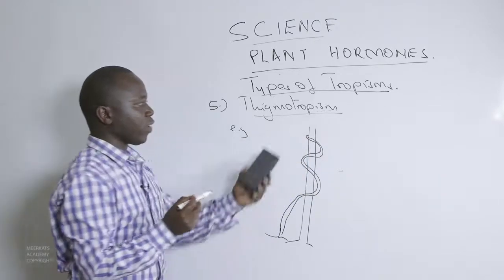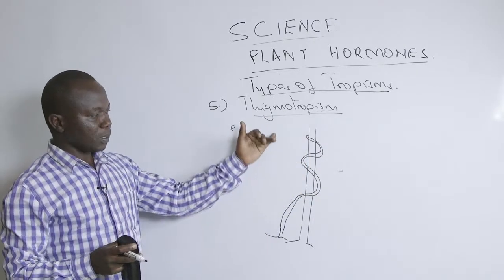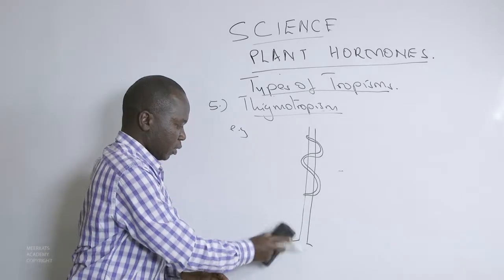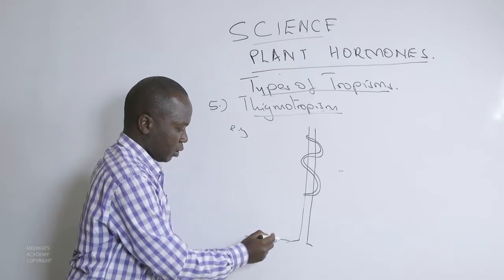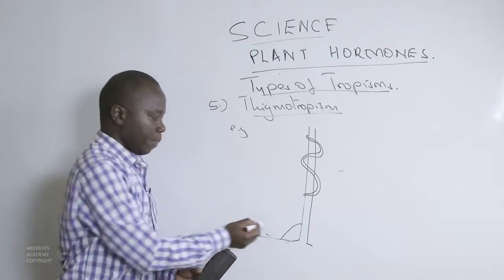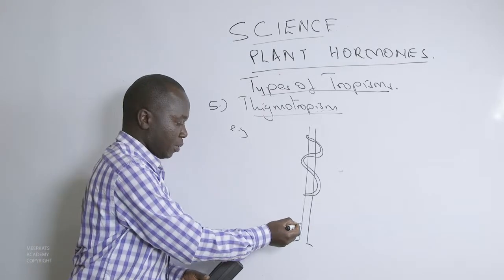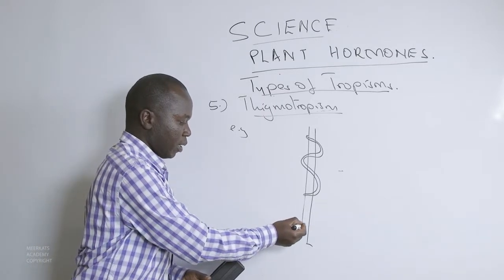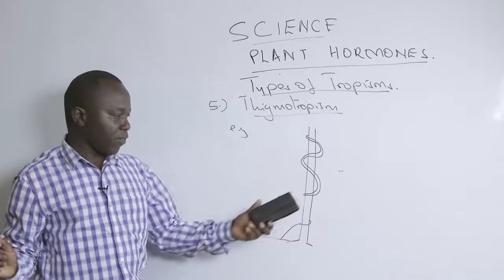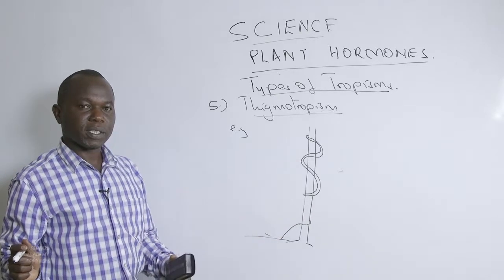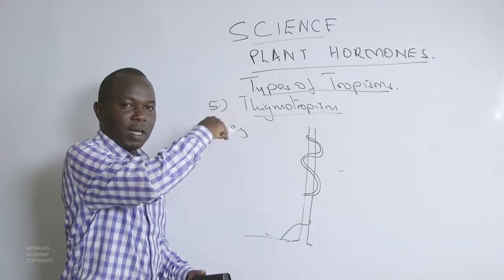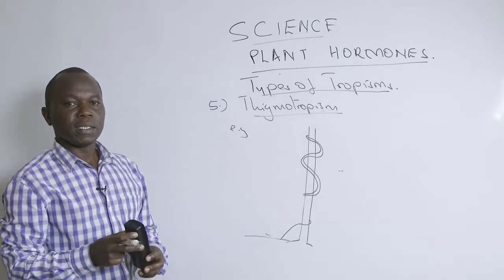This is the effect of thigmotropism. Once it gets into contact with that, auxins will come in. You are going to explain how that happens. Auxin will come in and it will start coiling around that object. Instead of growing away from that hard or stable object, it starts to coil around it so that it can obtain support.